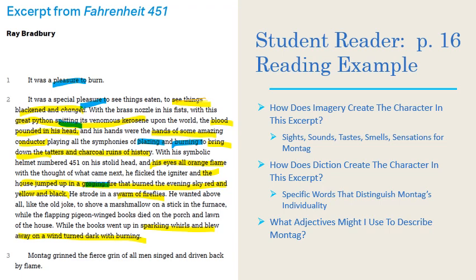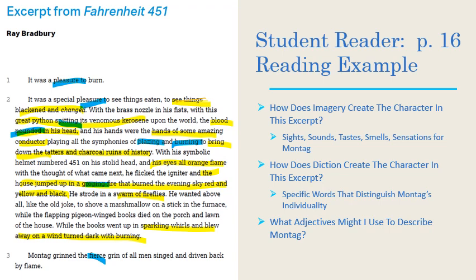I'm noticing, let's see, pounded. I'm noticing fierce. Kind of negatively connotated words to go along with it.